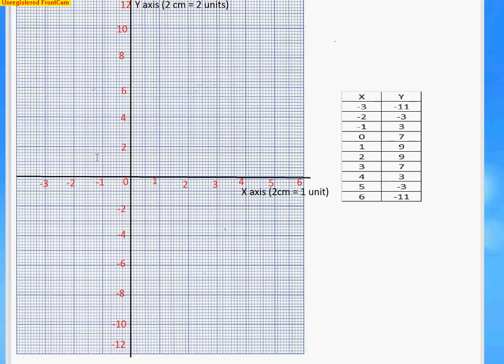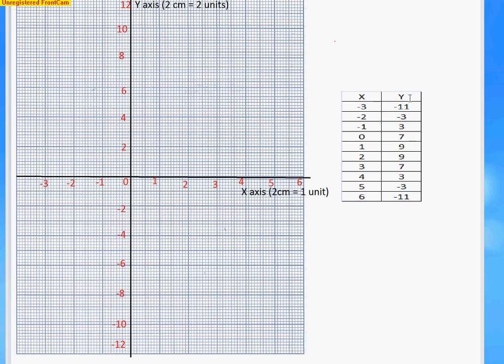This is a typical graph sheet that you get in your class for your examination. As you can tell, the x-axis moves from 1, 2, 3, 4 up to 11, and the y moves from 1 all the way up to 13. You have to be careful how you structure the origin, which is this point right here.